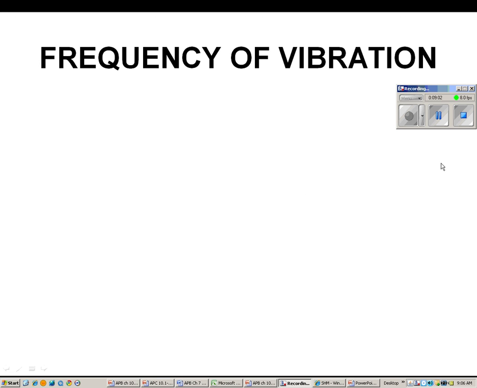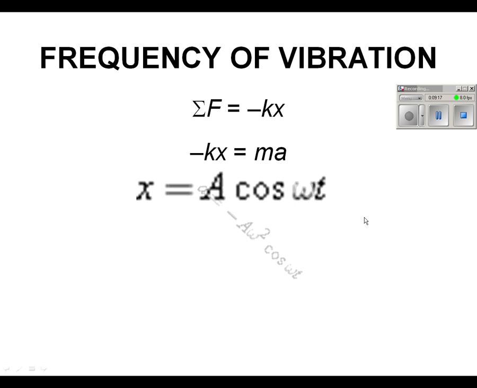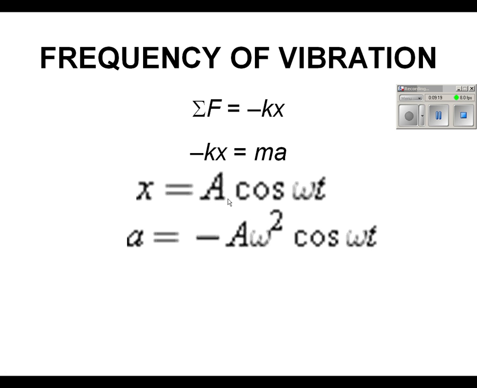Now we're going to look at frequency of vibration. Whenever a spring is moving up and down, we can always say that the force acting on it from the spring is negative kx. Force also equals ma, so we set the two equal to each other. x equals A cosine omega t, so we could plug that in for this x here.